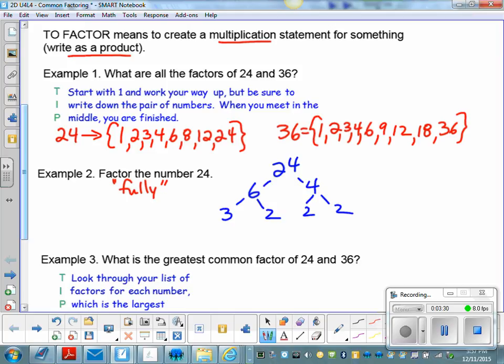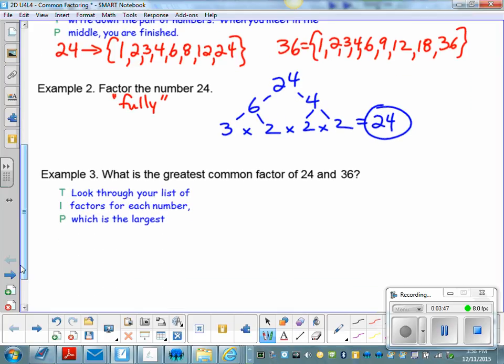That's as far as I can go. They're all prime numbers. I can't go any further than that. And if I multiply those 4 numbers together, they're equal to 24. So that's what it looks like when we fully factor 24 using a factor tree.